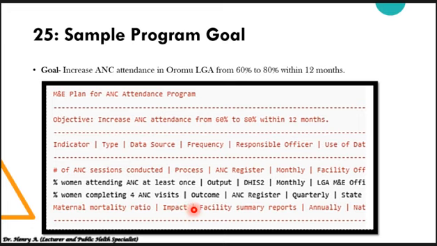And so you see that these are indicators that are put in place to be able to observe, to check, to confirm that indeed the ANC attendance in Oromo local government is increasing. And by the time we carry out our analysis, we can tell if it's from 60% to 80% within 12 months.